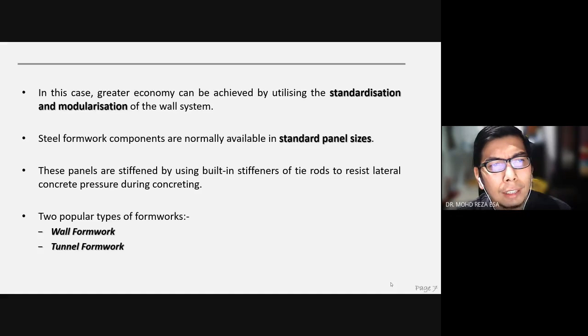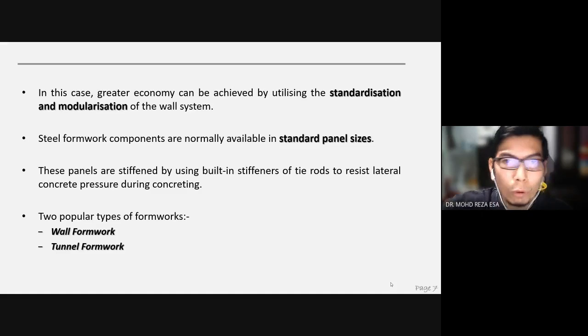This panel are stiffened by using built-in stiffeners of tie rods to resist lateral concrete pressure during the concreting lah. So ini one of the main components of the reusable formwork system. Okay, kita akan ikat dia using tie rods. Okay, kita akan stiffen dia with the tie rods to make sure the formwork is strong enough to receive the loads given by the concrete.